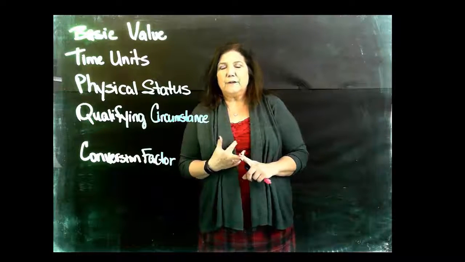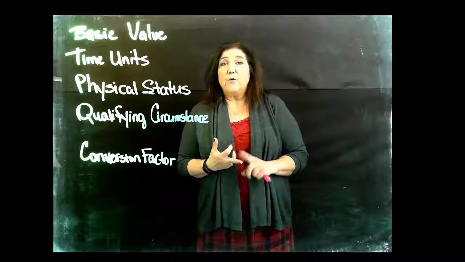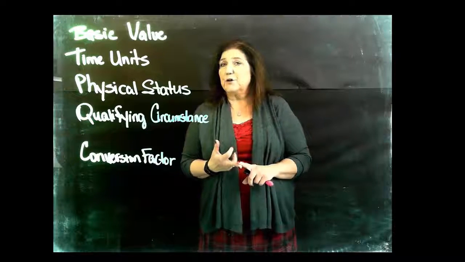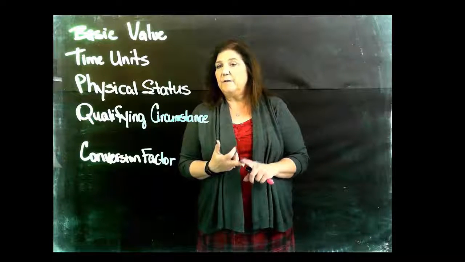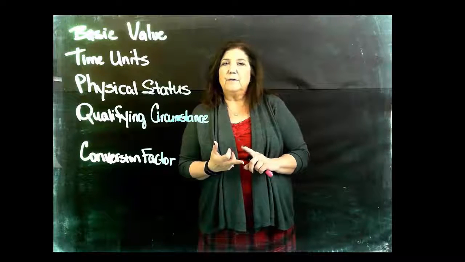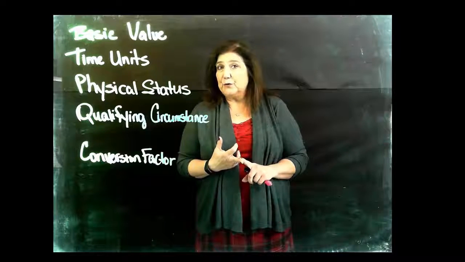Then we have to look at the patient's physical status. We know that we have P1 through P5, and based off of the patient's physical status, we'll determine what P code they have. Not all P codes will have a value placed to it.